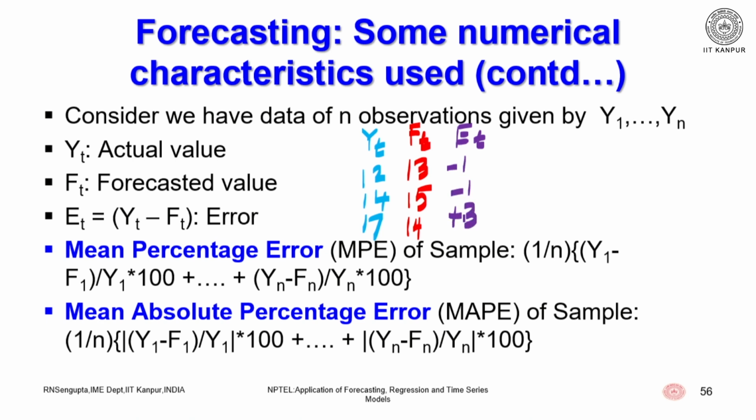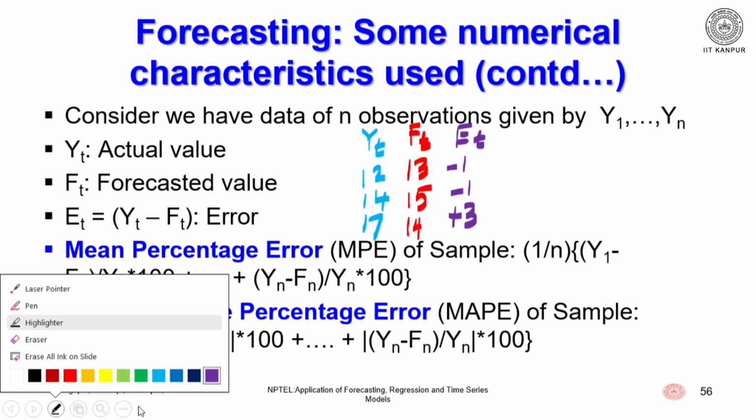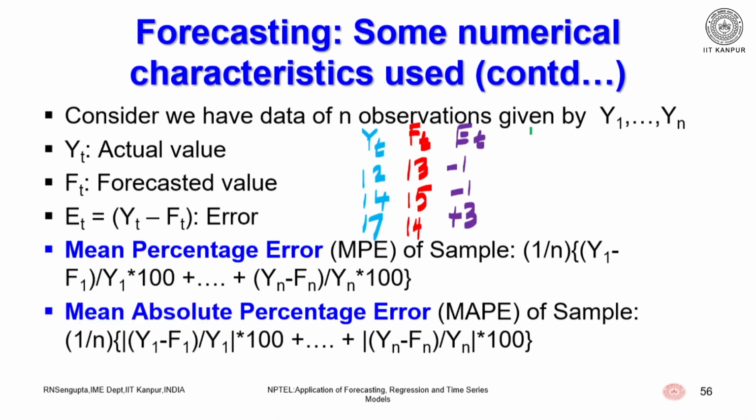Now, when I go to the mean percentage error, the mean percentage error would be the difference divided by y. So, I will consider color green. So, for the first value, this will be percentage error. So, I will first find out the percentage error P. This will be given by the difference -1 by 12, because 12 was the actual value of y t.